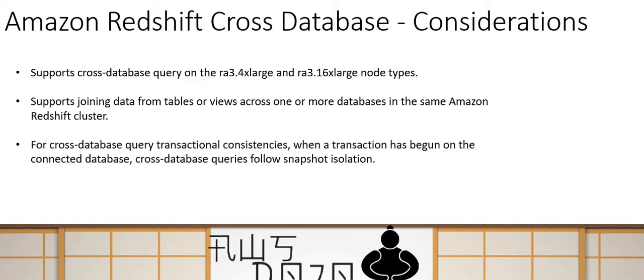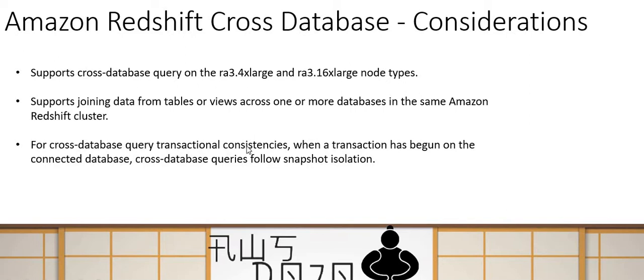This is one of the things you have to be careful about: when you are making cross-database queries, the data which you are bringing from your other databases goes through snapshot isolation when the transaction begins in your connected database. So keep that in mind.